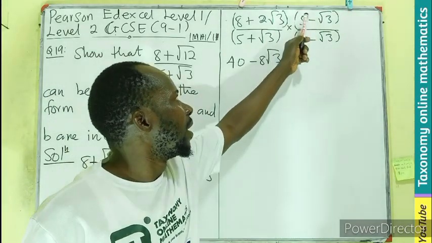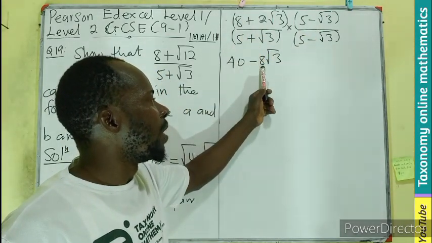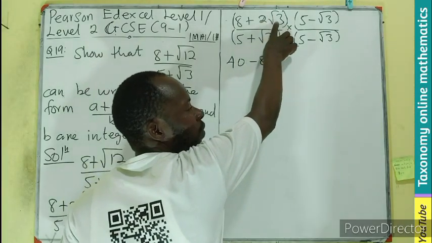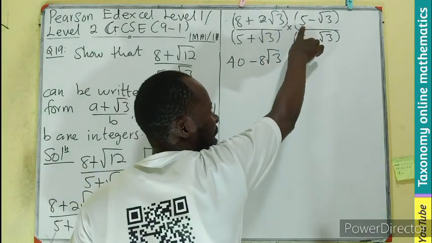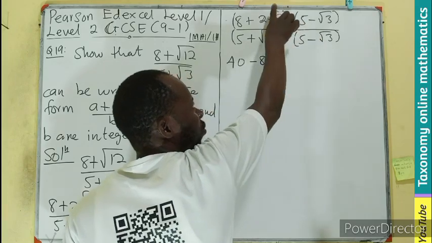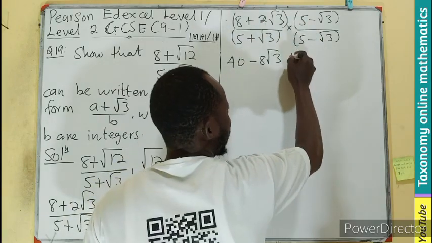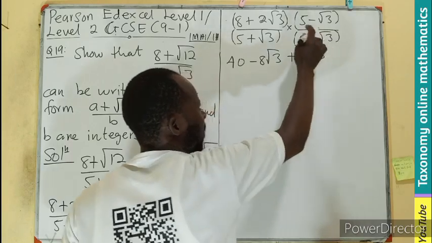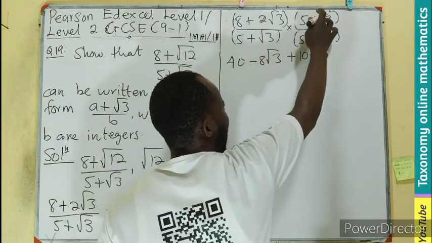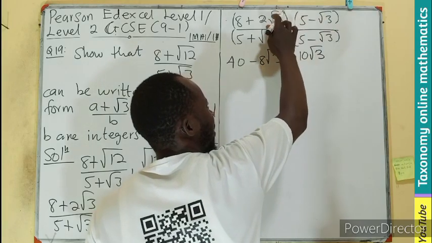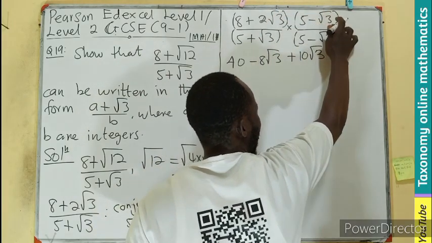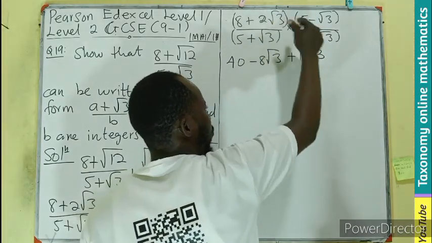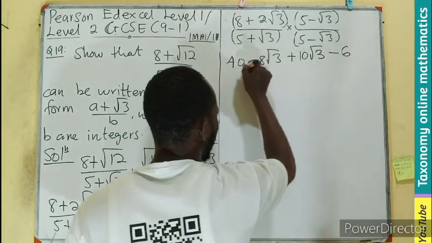So 1 times 8 will remain 8, so minus 8 root 3. Then 2 root 3 is multiplying 5. 5 is also rational, so it comes in front to give us 10 with the root of 3. Then this is going to be 2 times 1, root 3 times root 3. We know when you multiply root 3 by root 3, you get only 3. So 3 times 2 will give you minus 6.